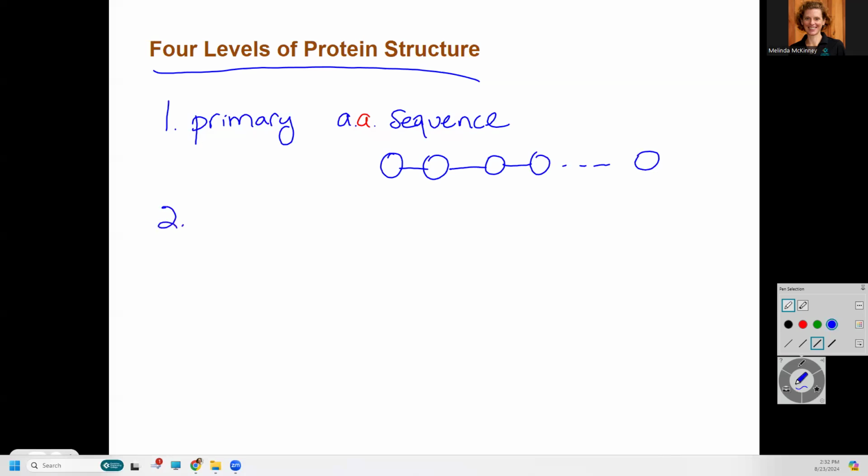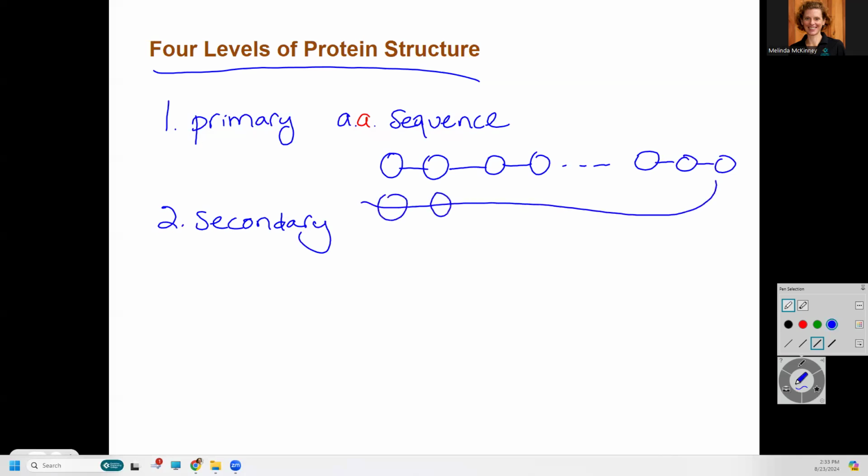The secondary structure, the second level, is where, if this is a very long molecule, it can fold back and interact with itself. So there's a whole bunch of atoms over here, and they can be hydrogen bonded to another part of the molecule.